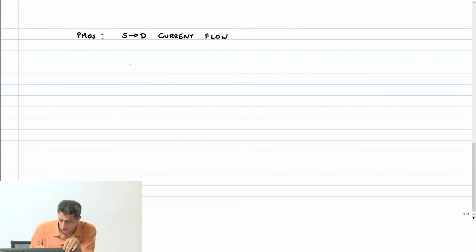Now let us look at the same case. I want to look at charging first. So this is going to be connected to VDD.